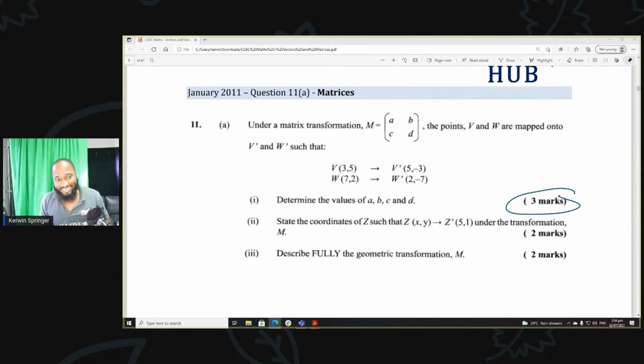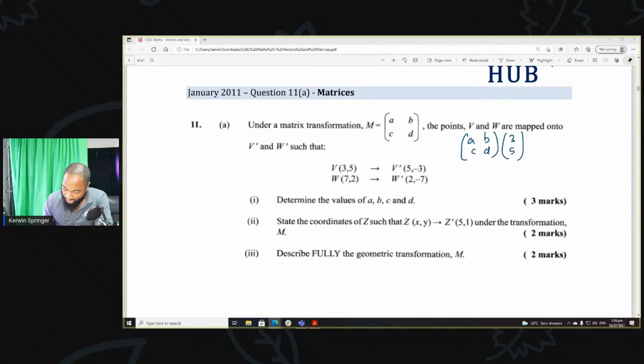Okay, so determine the values of A, B, C, and D in this matrix. We already just did that, but we want a method to work it out. So maybe we can do A, B, C, D multiplied by 3, 5 to give us 5, negative 3.